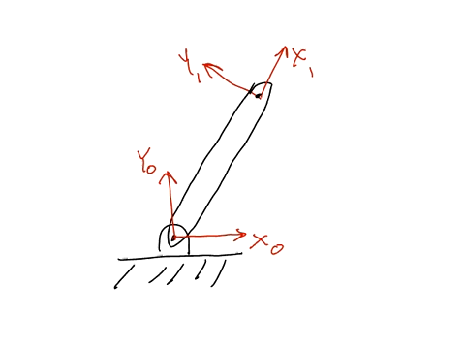I'm going to say that the angle of this link is theta. Each of these coordinate frames has a center, usually represented by the letter O with a subscript for which frame it belongs to. So this is O1, the center of frame 1, and this is O0, the center of frame 0.